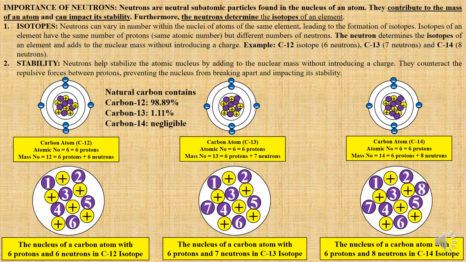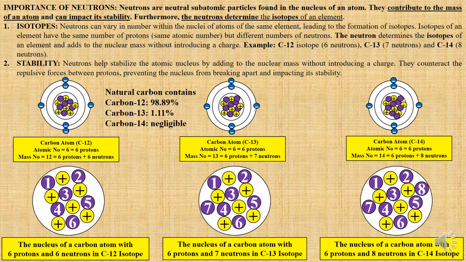So though there is adding up of neutrons in case of these 3 isotopes, we do not find any charge. So the adding up of neutrons in case of C13 and C14 does not introduce any charge. So C12 isotope has 6 neutrons, C13 has 7 neutrons, and C14 has 8 neutrons in its nucleus.